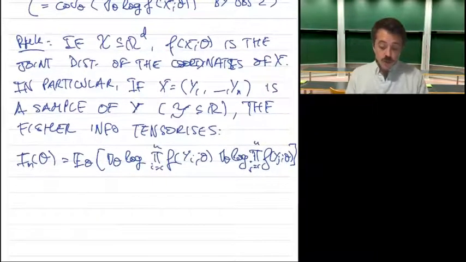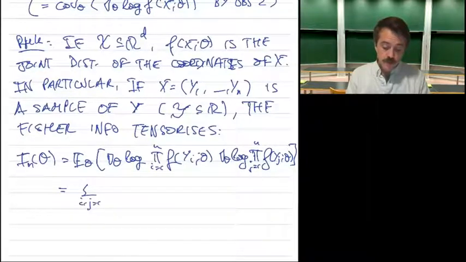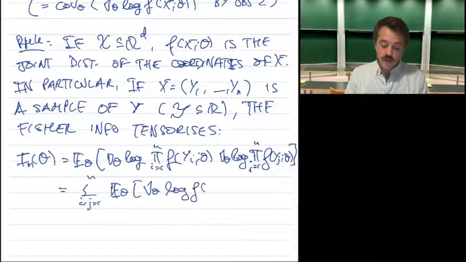Okay, so then it's immediate to see that this is just the sum over i and j from 1 to n of the expectation under theta of the gradient of log f of y_i and theta times the gradient with respect to theta of log f of y_j and theta.